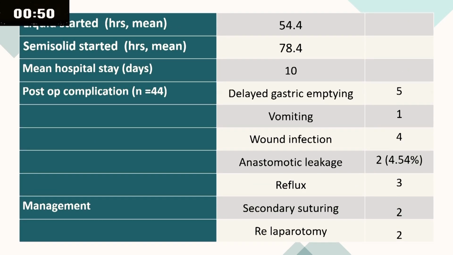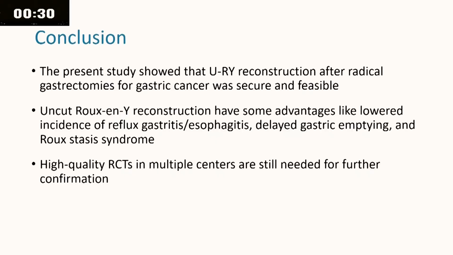Liquid started at 54 hours, semi-solid started at 78 hours, and mean hospital stay was 10 days. Few patients had delayed gastric emptying, anastomotic leakage was in 2 patients. The management was secondary suturing for infection in 2 cases and re-laparotomy for 2 cases.